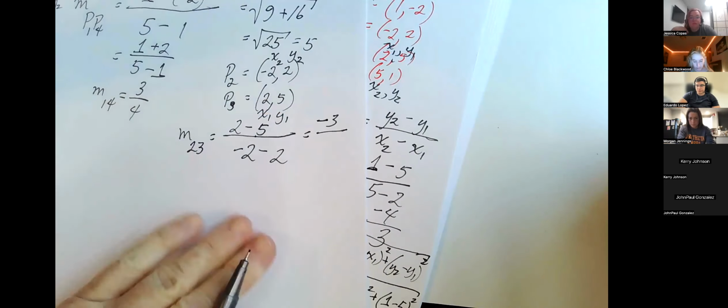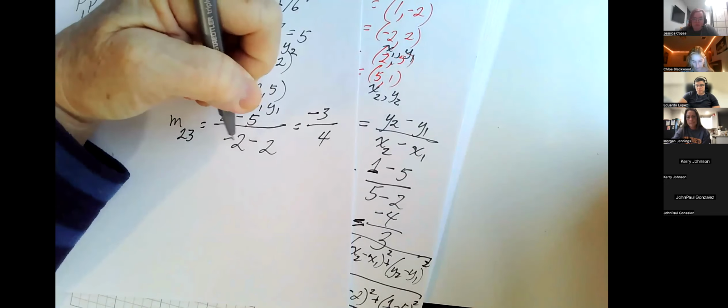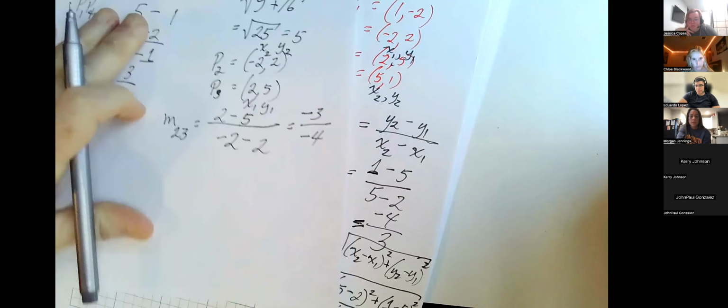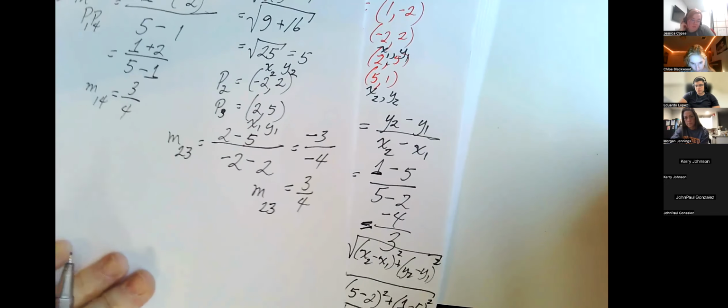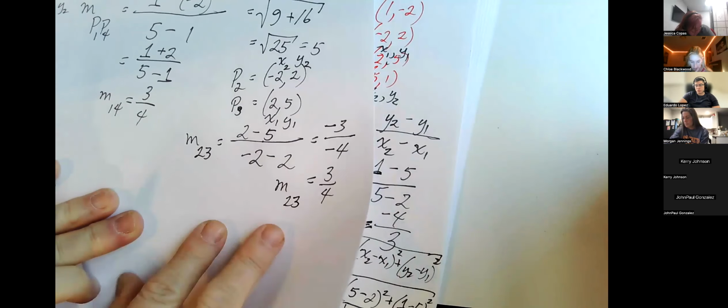Very good. Negative 2 and negative 2 have the same sign, so we add 2 plus 2, 4, and the sign of the answer will be negative. And now we've got a negative divided by a negative. It'll become positive. Good, very good. So that means that the slope between P2 and P3 is 3/4. And are we happy about that?